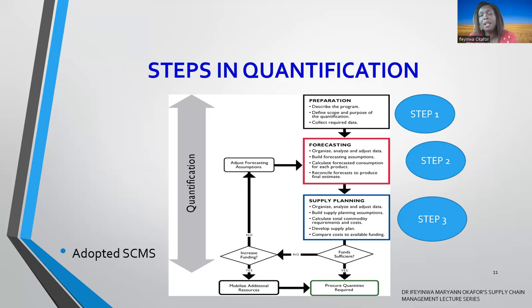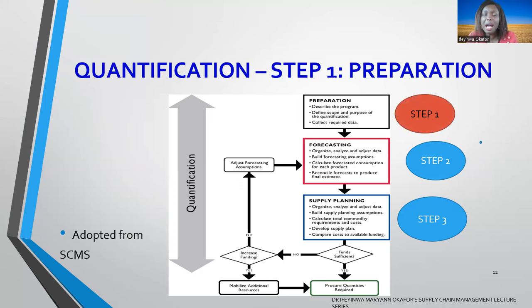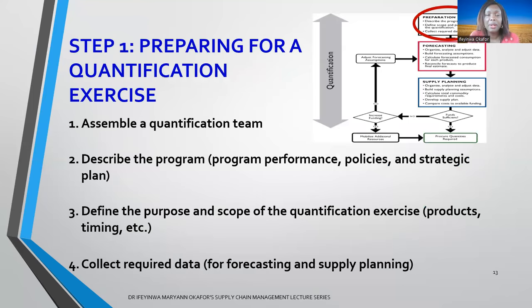And the third step is supply planning. Basically, 3 steps: preparation, forecasting, and supply planning. Let us have a closer look at the first step, which is the preparatory step.